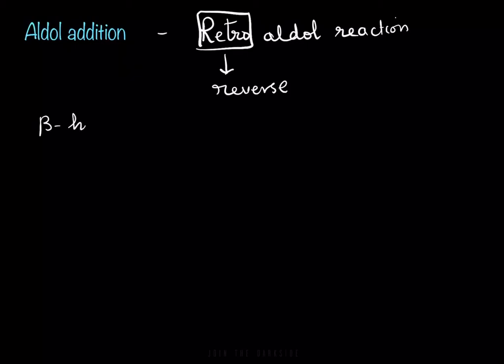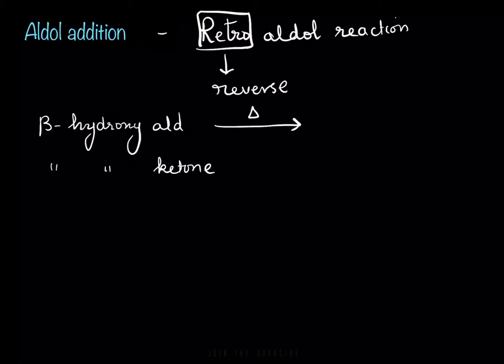The products which you got from the aldol addition reaction, which is beta hydroxyaldehyde or beta hydroxy ketone, when you heat it in the presence of a base, you will get back the 2 moles of the aldehydes or ketones. So basically it is the reverse reaction. Let's look into the mechanism for this.